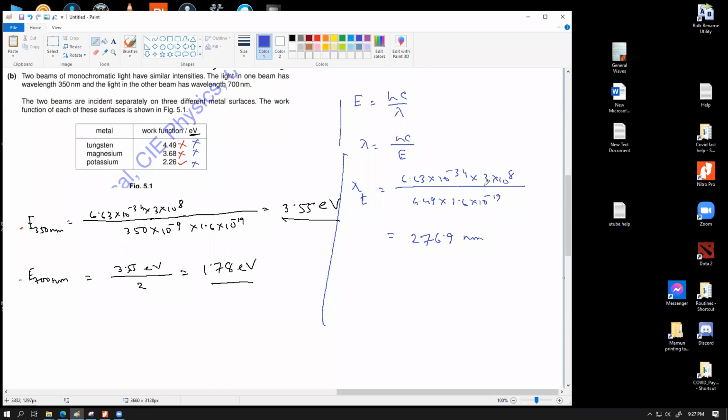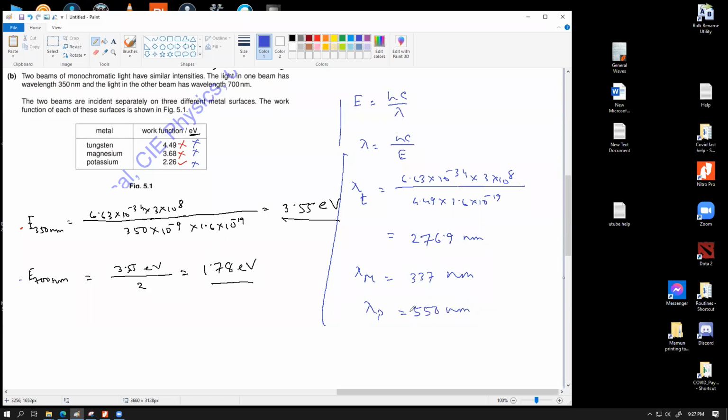Okay, now in this whole expression, just replace this number with 3.68 and find out magnesium. Sorry, it's 337.8. And then for potassium, so 550.5.